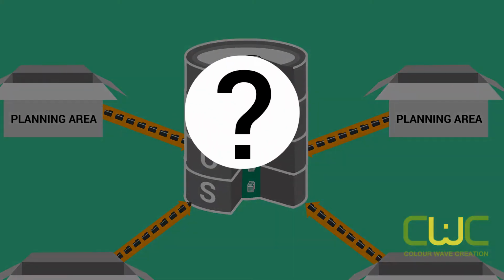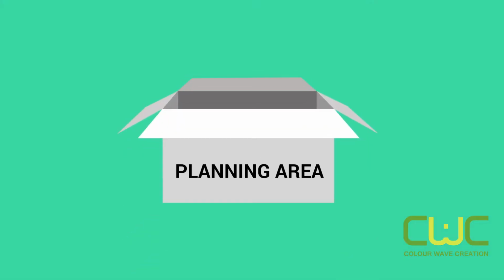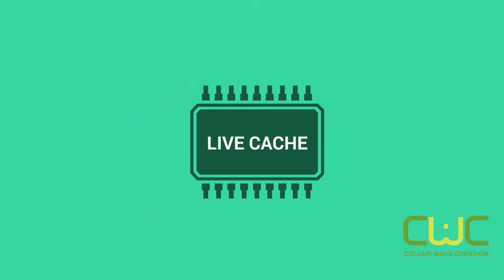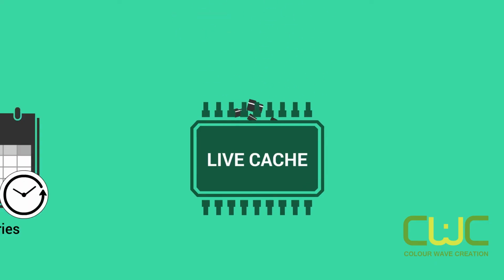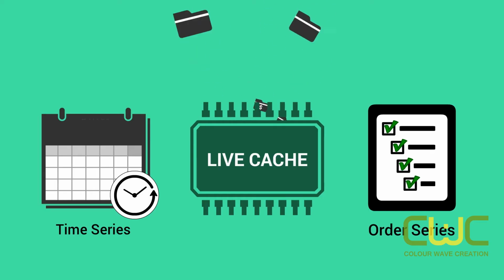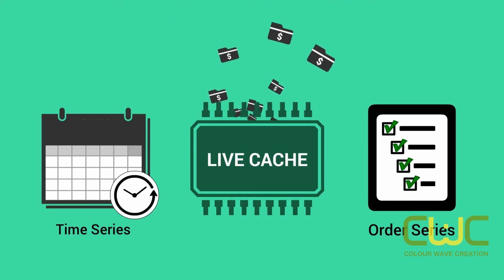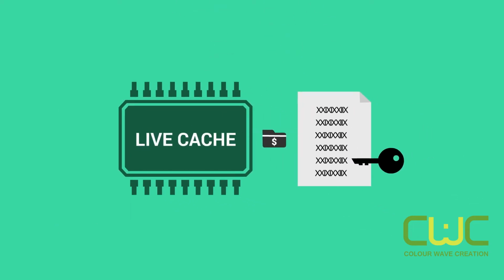How is that data stored in a planning area? The planning area saves data in an organized manner in live cache. It does this by saving the data in either a time series or an ordered series. All transaction data is also stored in the planning area. Transaction data is associated with a key figure.